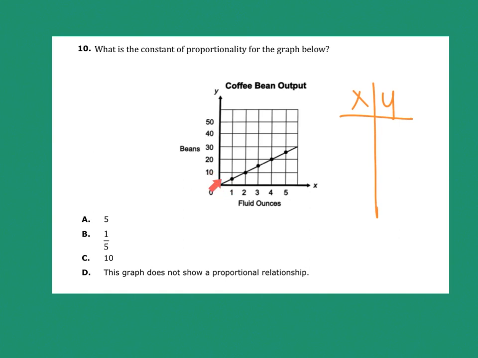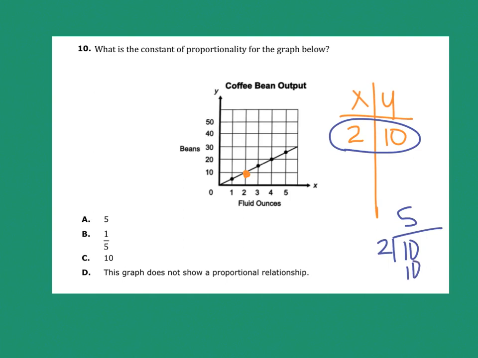It's probably going to be 5, but to make sure, I'm going to use this dot that's lined up perfectly with 2 and 10 is the one I'm going to choose. So 2 on the x and 10 on the y. If I were to divide these two numbers to figure out what is the relationship, 2 divided with 10 goes 5 times. So my answer would be 5.